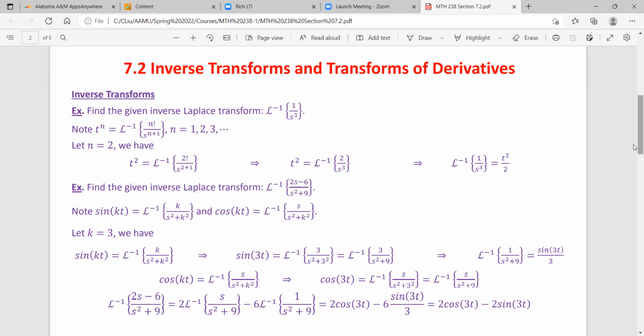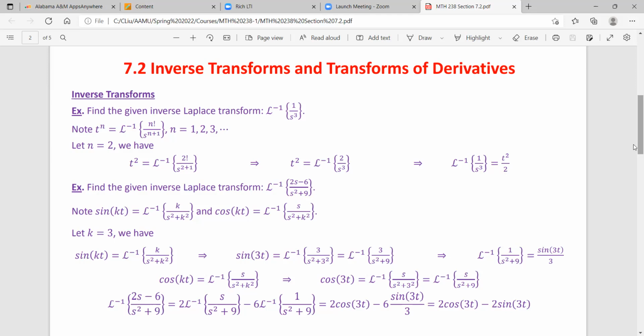So then the inverse Laplace transform of 2s minus 6 over s squared plus 9, we can break it up into 2. You break up the fraction inside into 2 fractions, and then that will give you Laplace transforms of 2 fractions, and then you can take out the constants 2 and 6 in each inverse Laplace transform.